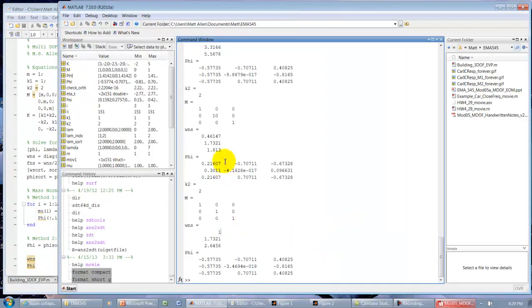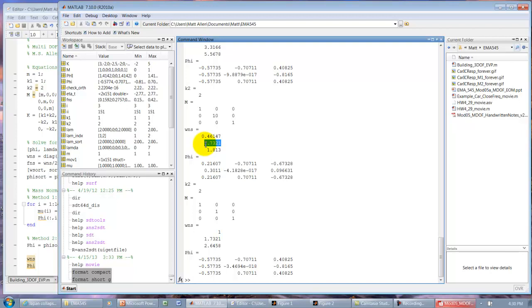Okay, so if we run this again, here's the k equals 2 case with the increased mass, and here's the k equals 2 case with the lower mass. And now, with increased mass, we lower all of the natural frequencies except for this second one. Now think about why that doesn't happen.